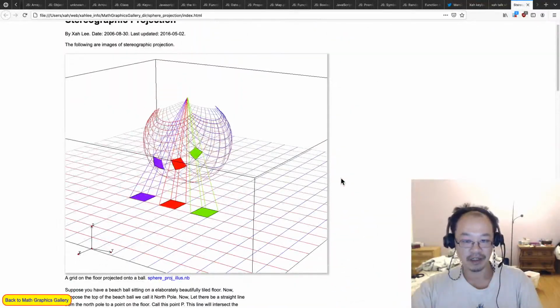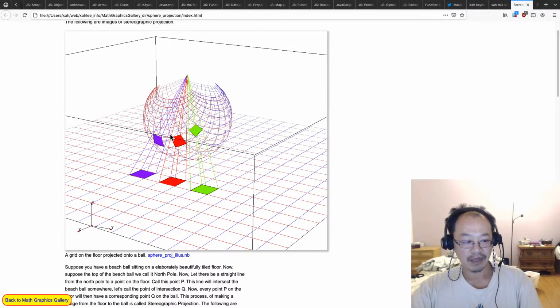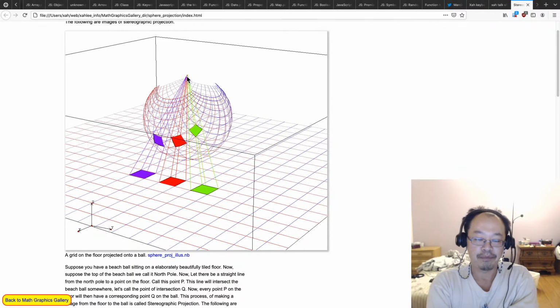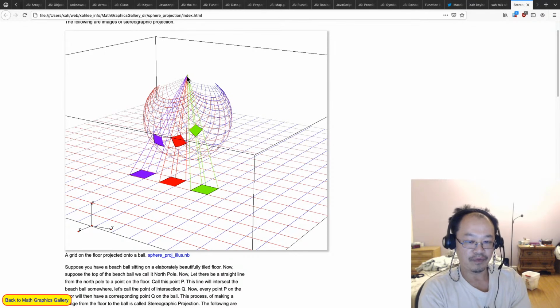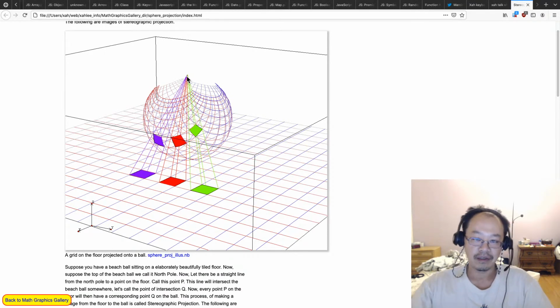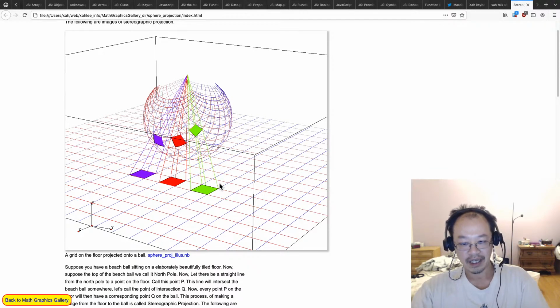So how does it work? It works like that. So imagine a sphere sitting on a floor, then at the top of the sphere is a point, let's say the light source. Then any picture on the floor can have a one-to-one map to the sphere by projecting a line from the top of the sphere to a point on the floor, and vice versa.